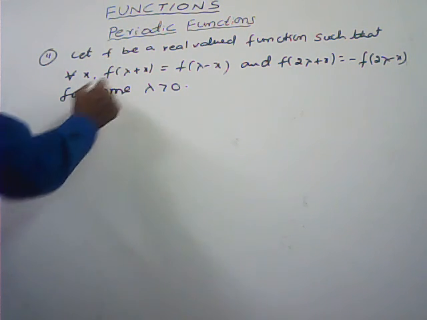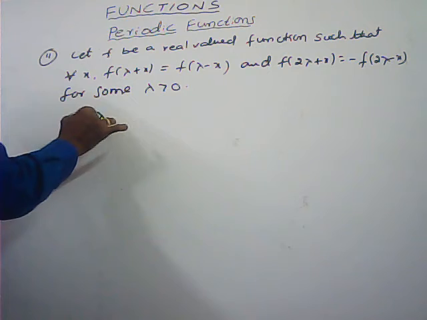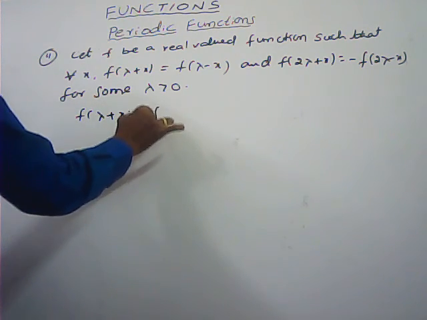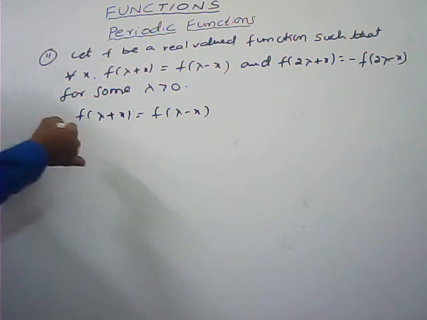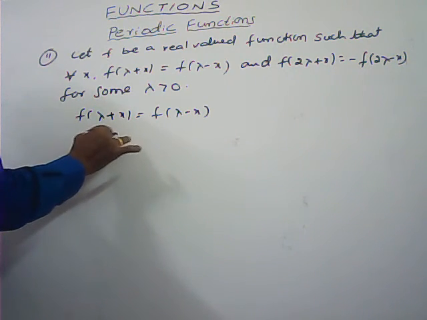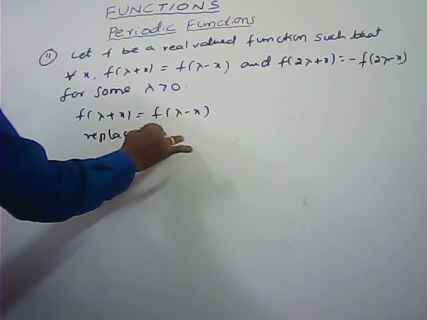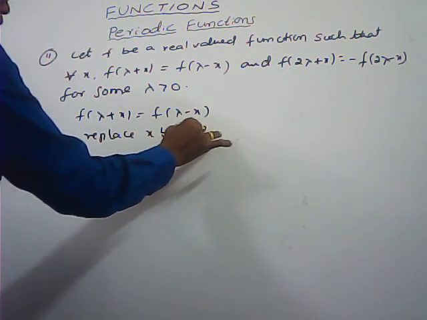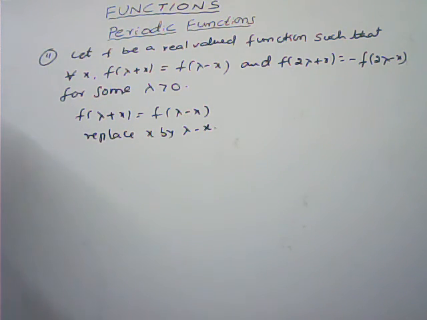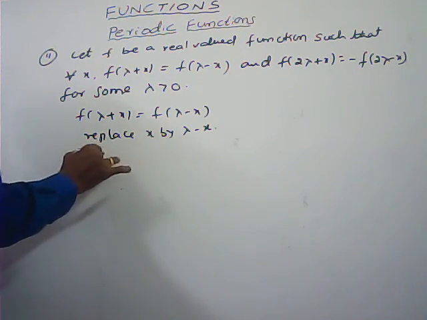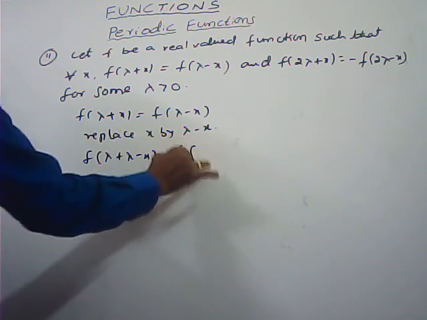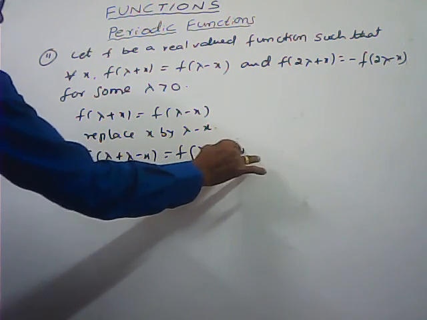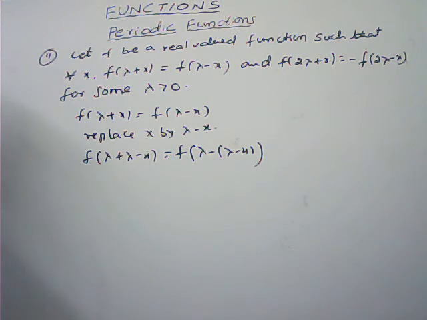Now I am taking this relation f of lambda plus x is equal to f of lambda minus x. Here replace x by lambda minus x. Then what can we get here? In the place of x you can put lambda minus x.